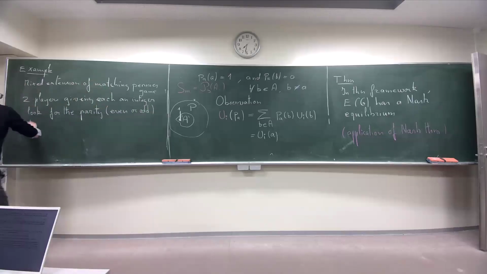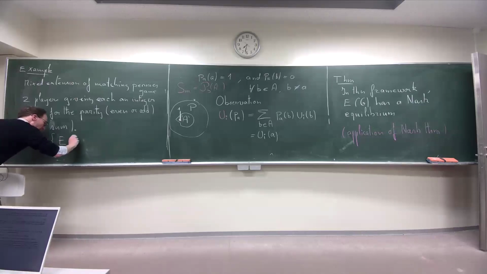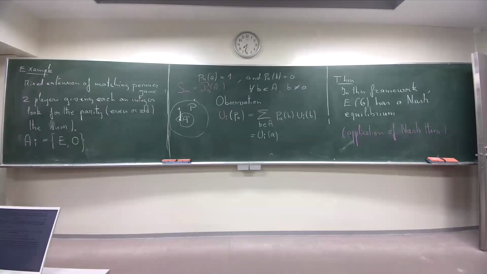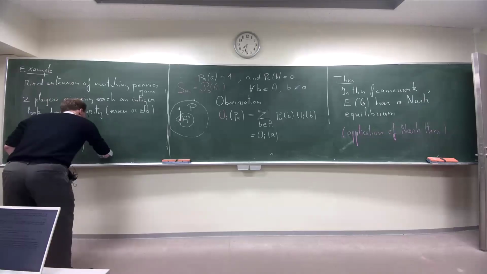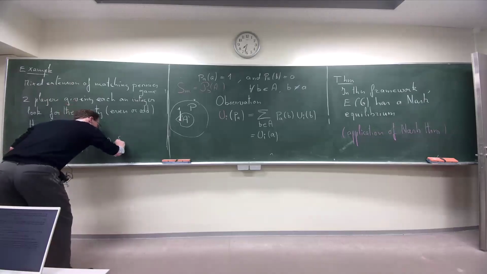This is the framework. But this is before the mixed extension. So before the mixed extension, it means we had only 2 points in the strategies, either you say even or odd, and which means A contains 4 values.